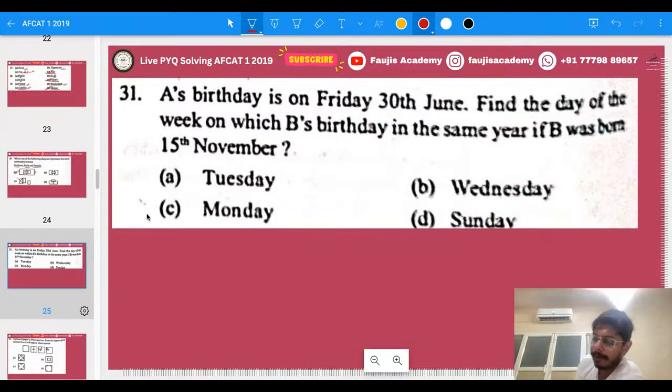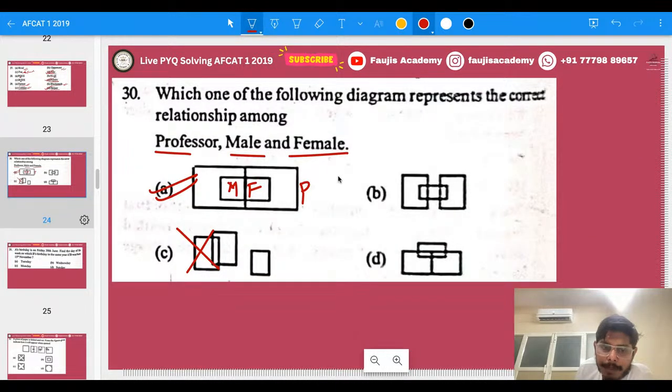Yeah, this one, 31. How about this 31? Might be a transgender.